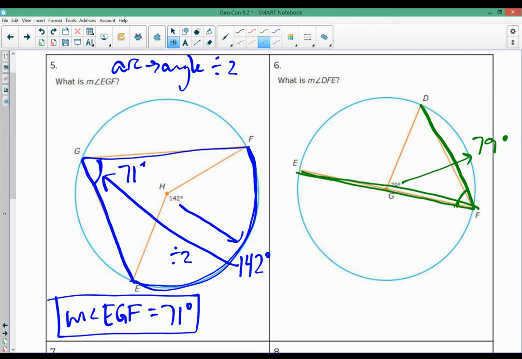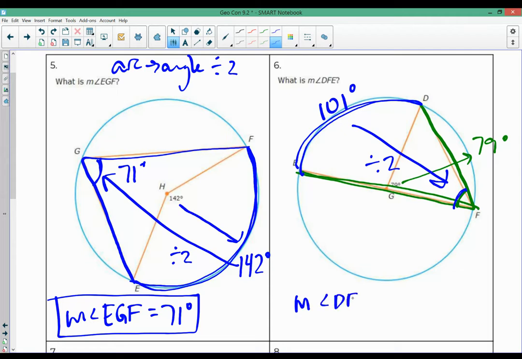So I'll do 180 minus 79 to get 101. So this arc is going to be 101 degrees. I want to find that inscribed angle, so I'm dividing by 2. And I get that the measure of angle DFE is 50.5 degrees.